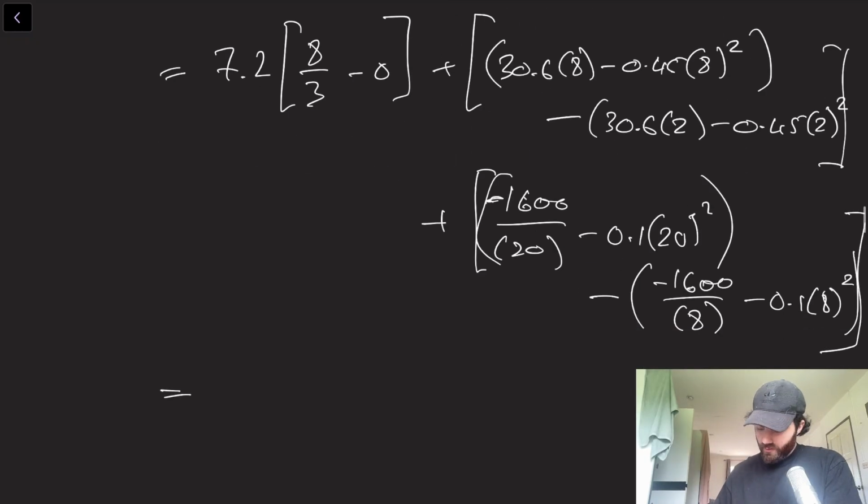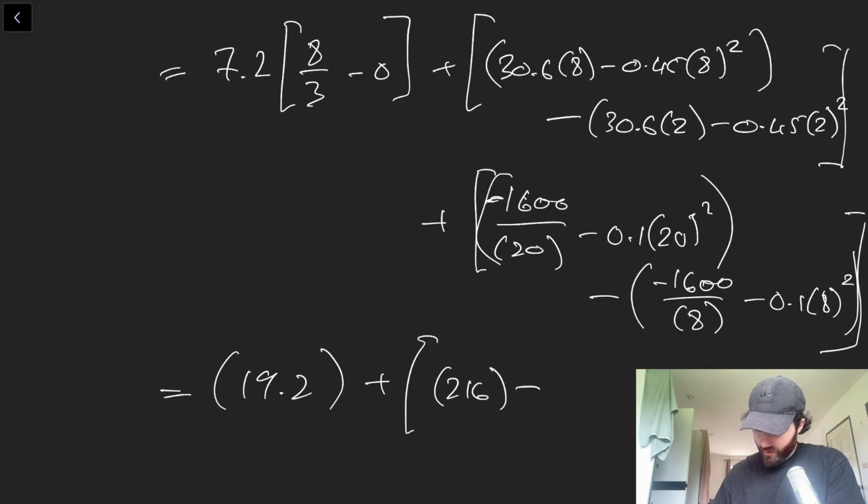Okay, so 7.2 times 8 divided by 3. The first bit is 19.2, plus this thing, 30.6 times 8 minus 0.45 times 8 squared. That gives us 216 minus 30.6 times 2 minus 0.45 times 2 squared, which is 4 times 4.